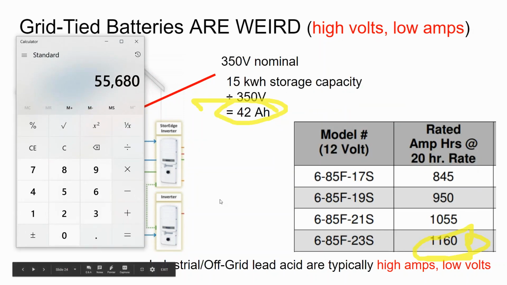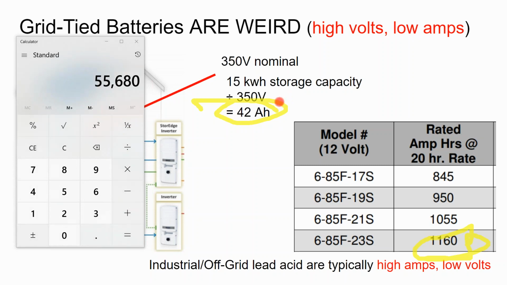Look at the difference between that. The lithium ion Tesla Powerwall solution outputs 40 amp hours. Lead acid can output 1,000 amp hours. It's what it is: the lithium ion batteries at the residential level are not capable of outputting that much power.